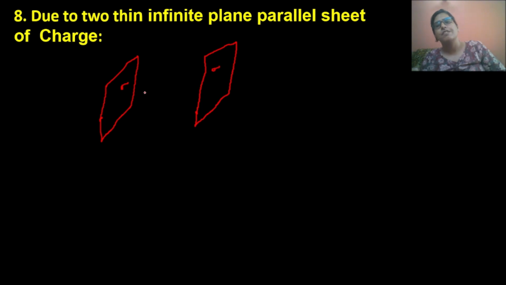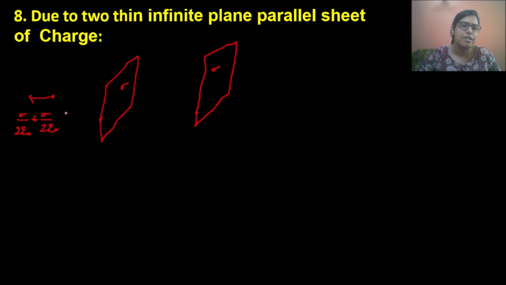Both are positively charged. So at this point, due to this sheet, electric field will be sigma upon 2 epsilon naught, and due to this sheet, sigma upon 2 epsilon naught in this direction.